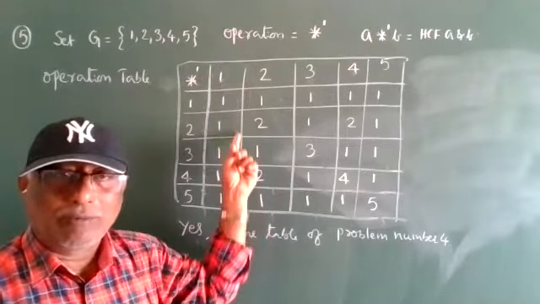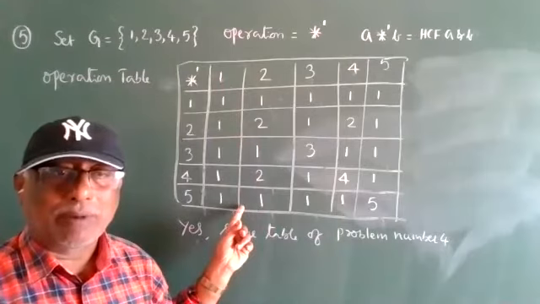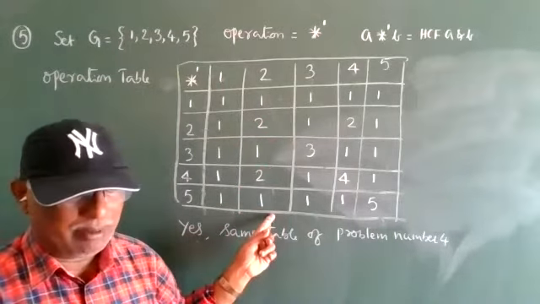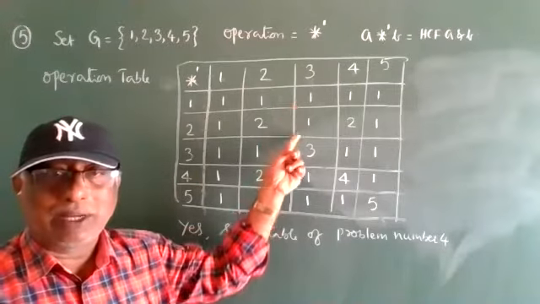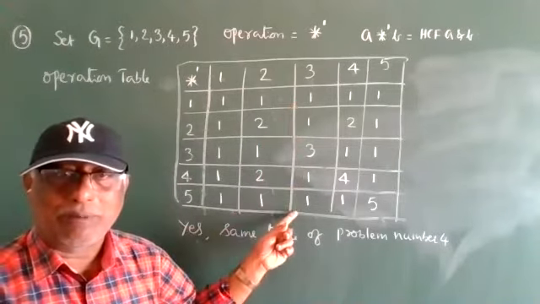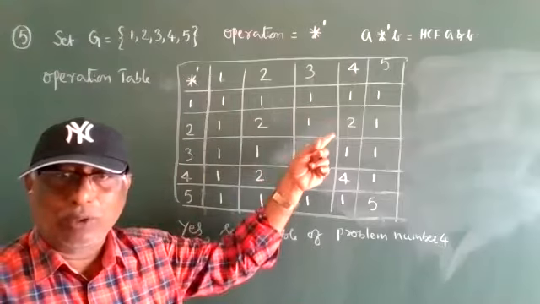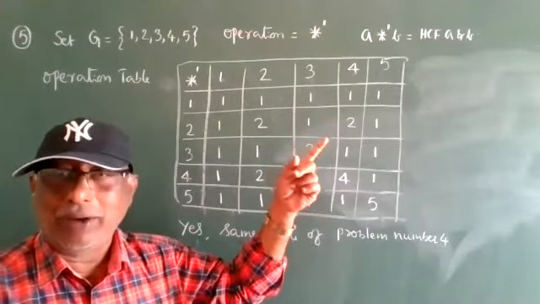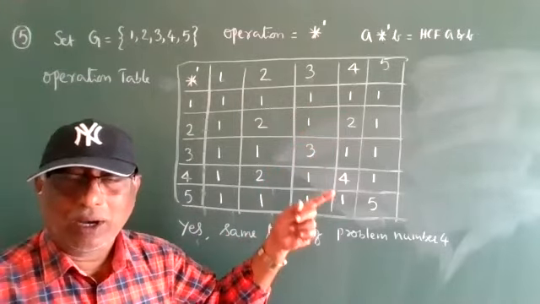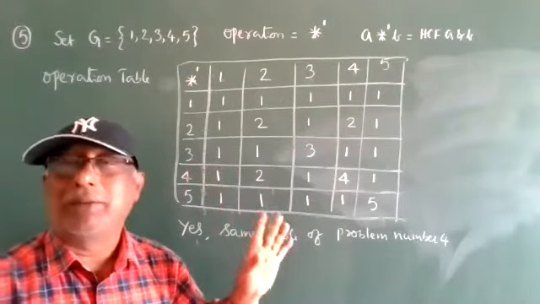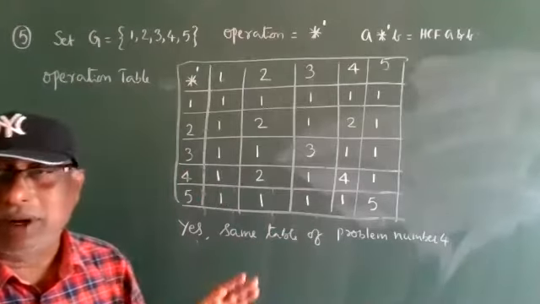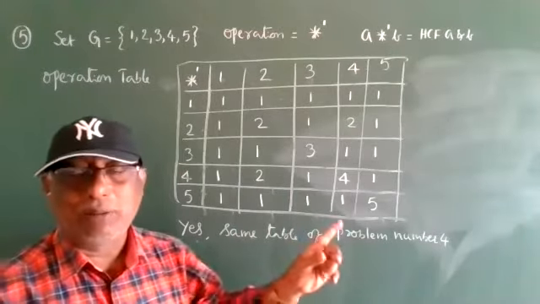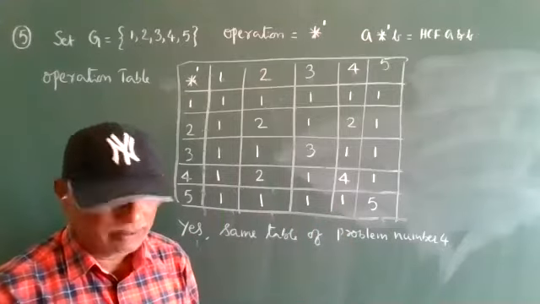See, 1 1 1 1 1 comes, as in problem number 4. 2 1 2 1 2 1 comes. 3 1 1 3 1 1 comes. 4 1 2 1 4 1 comes. And for 5, all are 1 and the last 5 comes. So it is the same concept as problem number 4.